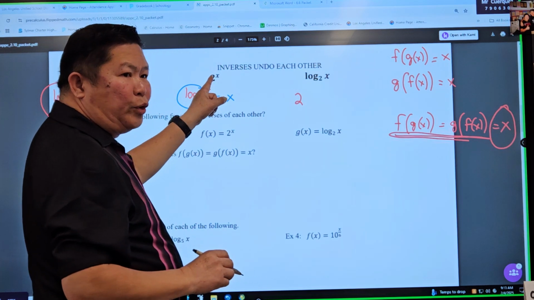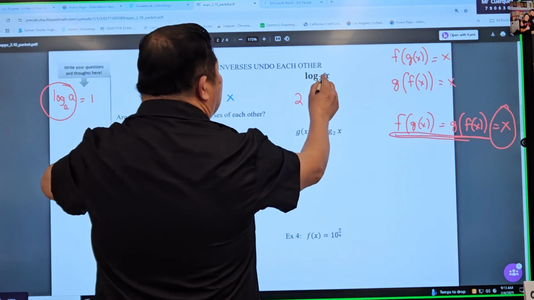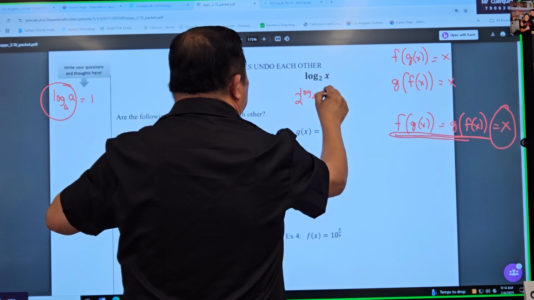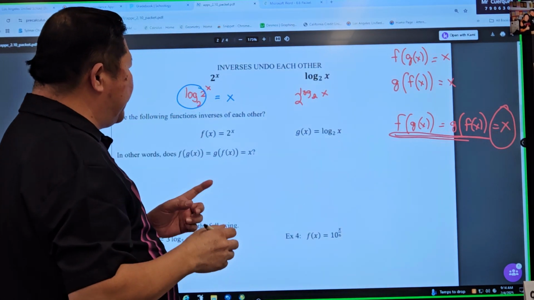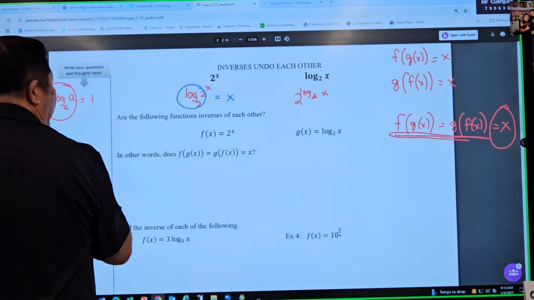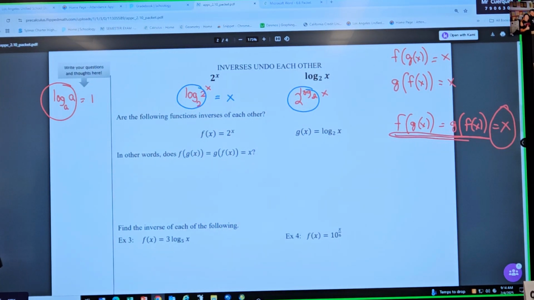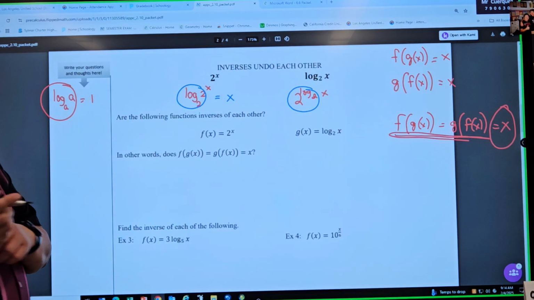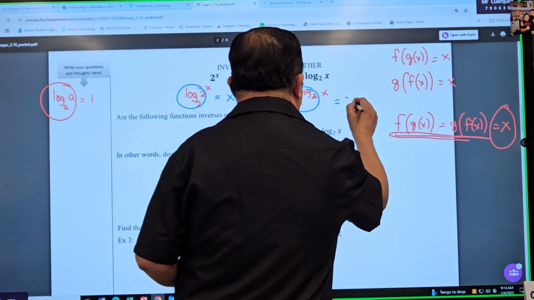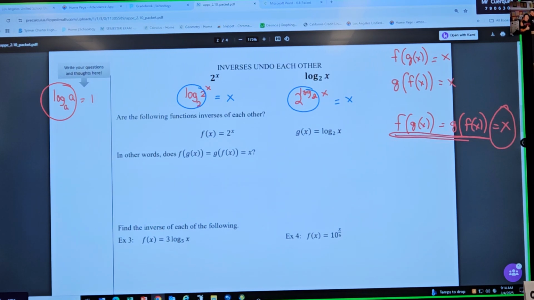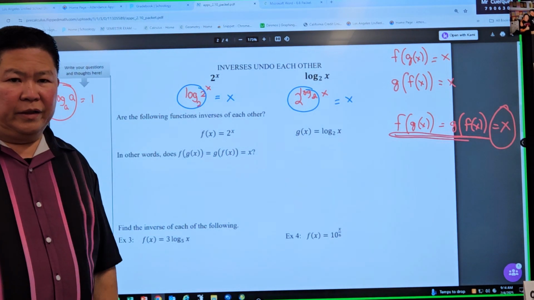Remember, for the logarithm, 2 to the power of x, and this is now our x right here. But by definition again, what is this? Equivalent to 1. So 1 times x is equal to x. So, are the following functions inverse of each other? Yes or no? Yes. Okay?